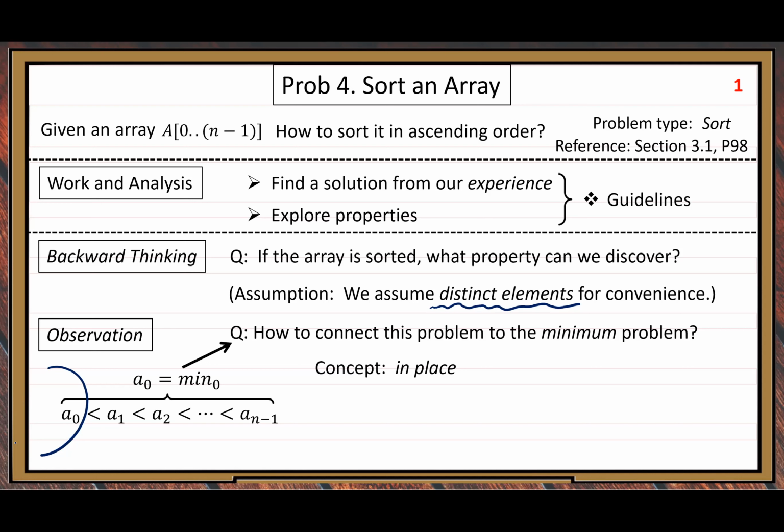So the second time you apply the finding the minimum solution, you put the second element in place, and so on. Every time you put one element in place, another element in place, and so on until you put all elements in place. How about that? That's the idea.